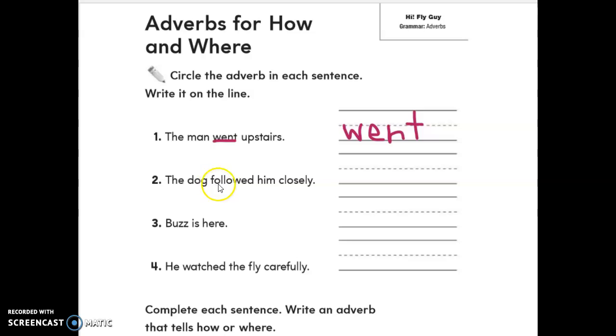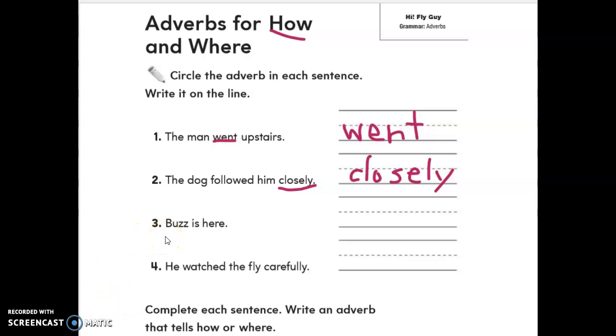Followed would just be a regular verb, right? It's something you can do, followed him, but closely tells how. How did he follow him? He followed him closely. So closely is the adverb that you want to write on the line.